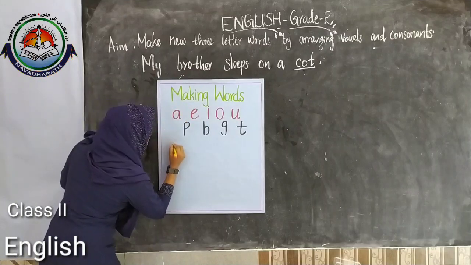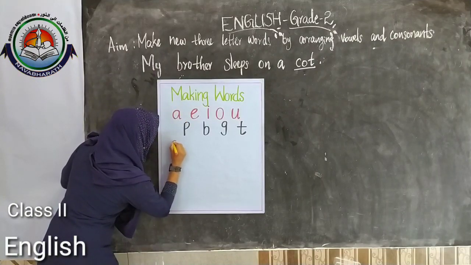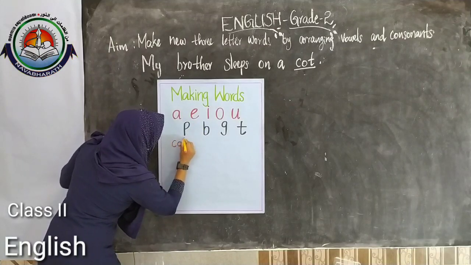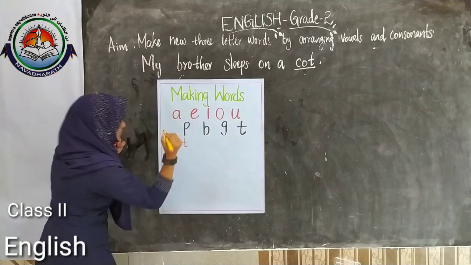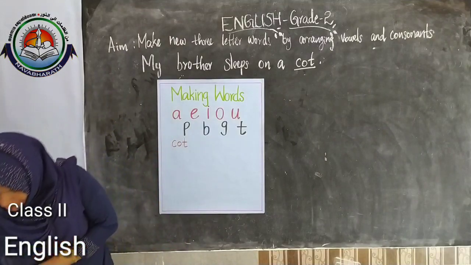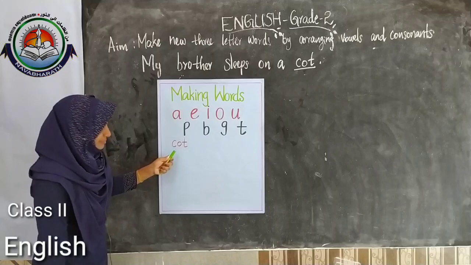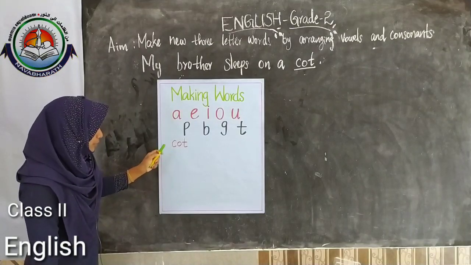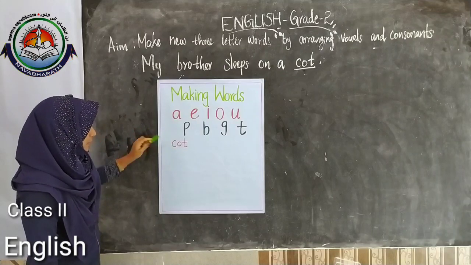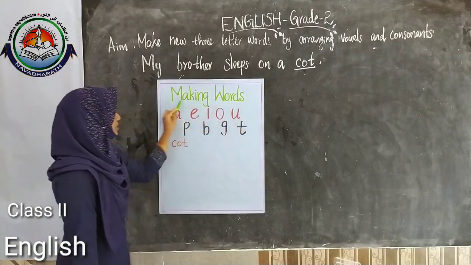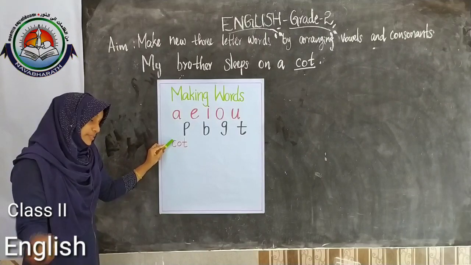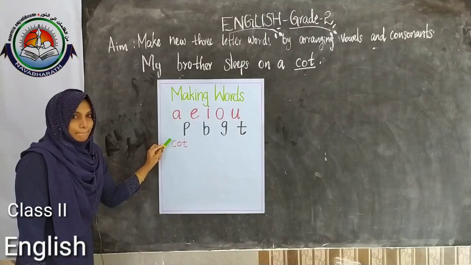I'll choose this. Which letter is that? It is C, O, T. So the word is cot. Then if we replace the letter C with any one of these letters, which word do we get?